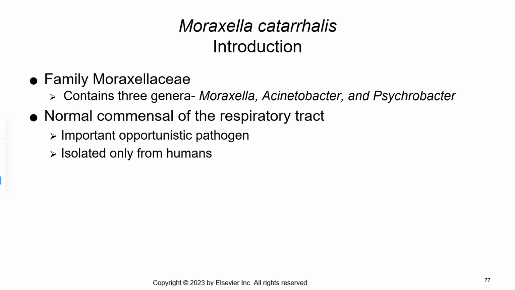Moraxella catarrhalis. So this is in the family Moraxellaceae, which contains 3 genera: Moraxella, Acinetobacter, and Psychrobacter. Normal commensal of the respiratory tract. So this one's normally found inside the respiratory tract, usually doesn't cause harm or benefit. Important opportunistic pathogen, isolated only from humans.